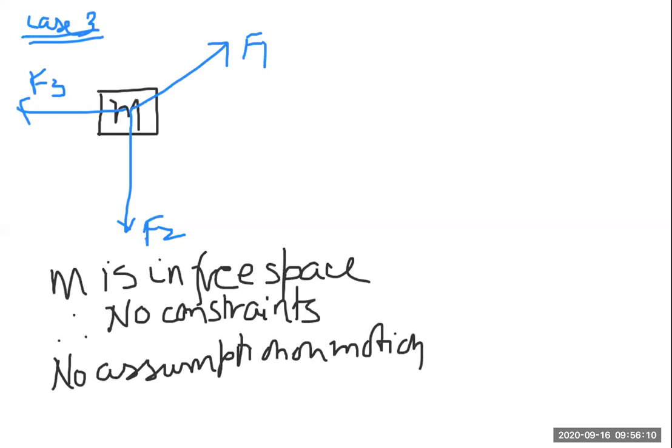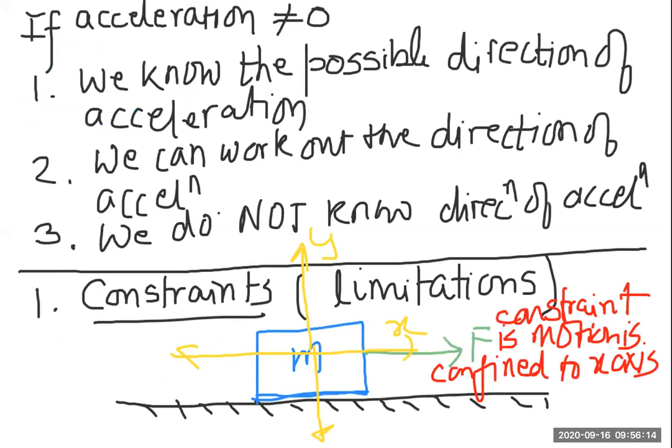Okay, so let me repeat what I have discussed up till now. If we are dealing with cases where acceleration is not equal to 0, then for every problem we will face three choices. One is that just by looking at the problem we know the direction of acceleration.